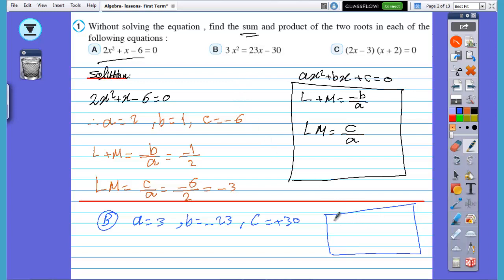So it will be 3x squared minus 23x plus 30 equals 0. So here is a, and the negative 23 is b, and c is positive 30.